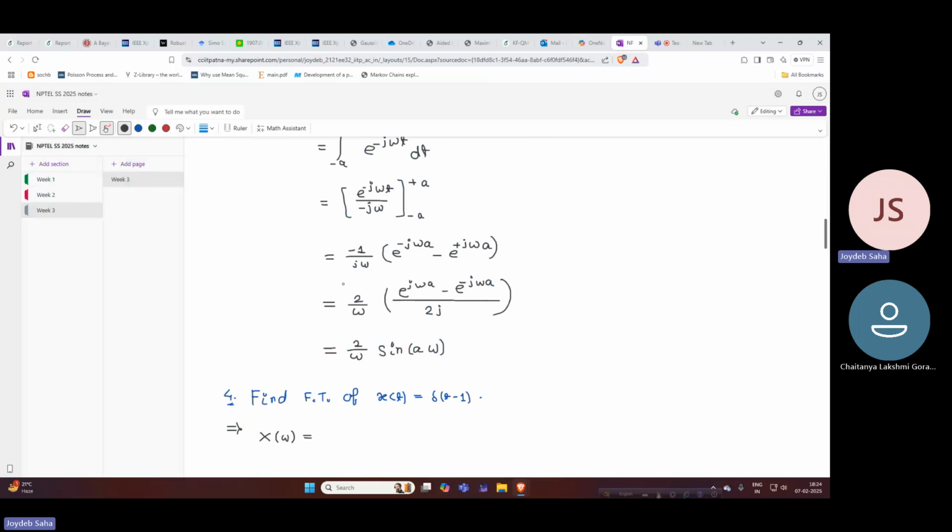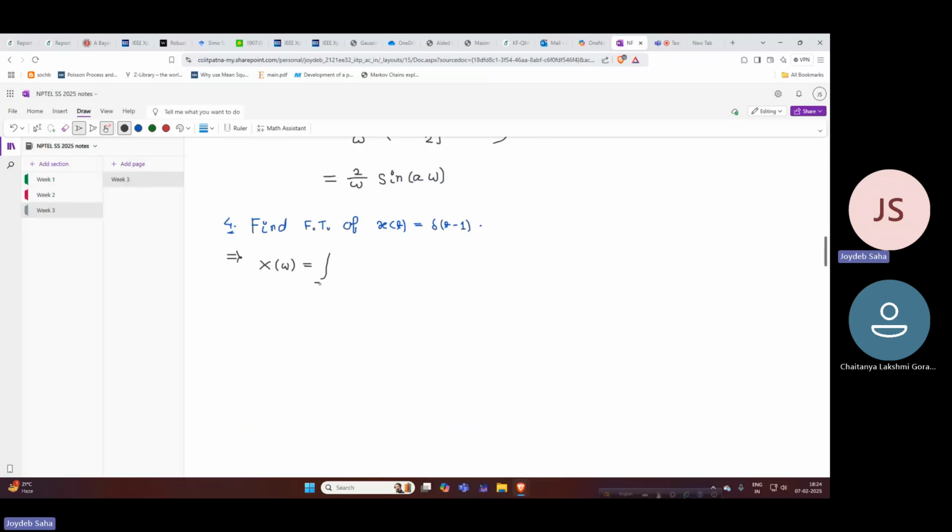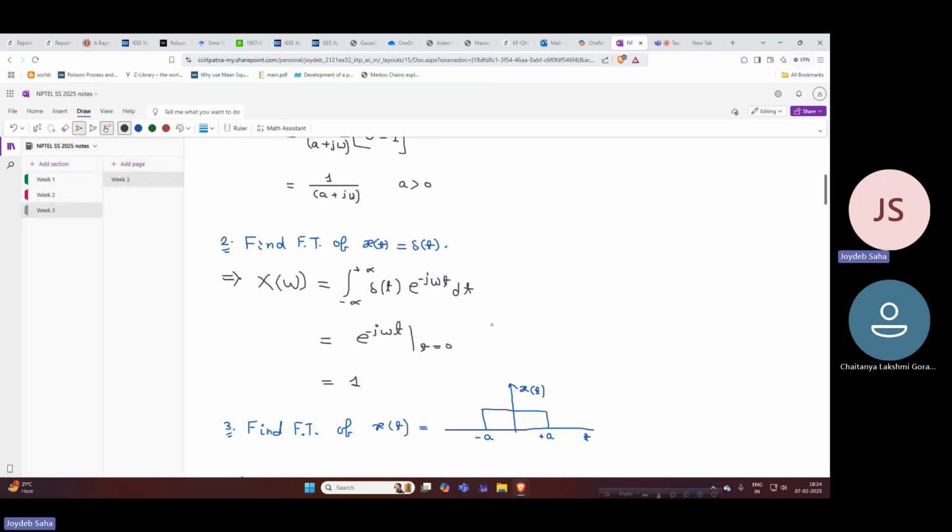So we can write it like integral from minus infinity to plus infinity of delta t minus 1 times e to the power minus j omega t dt. Here also we are doing the same thing.